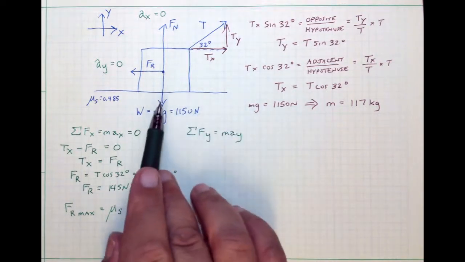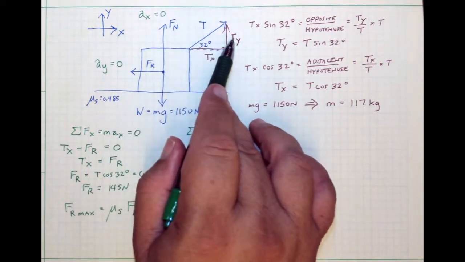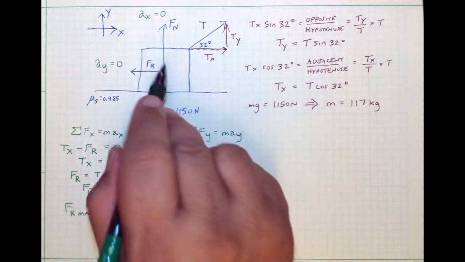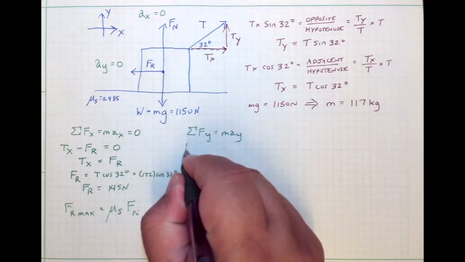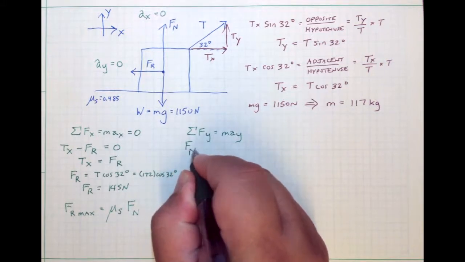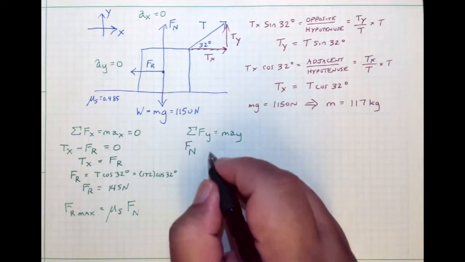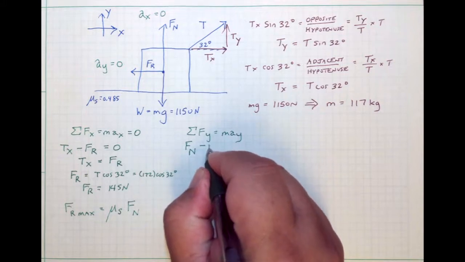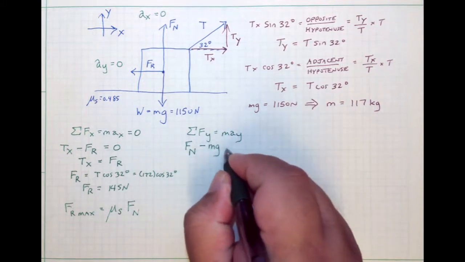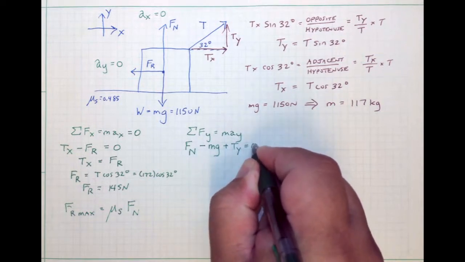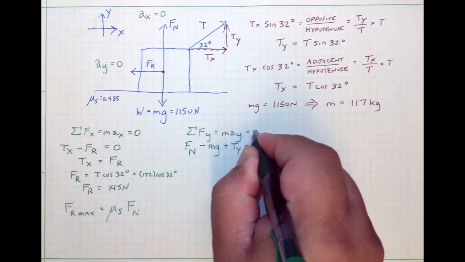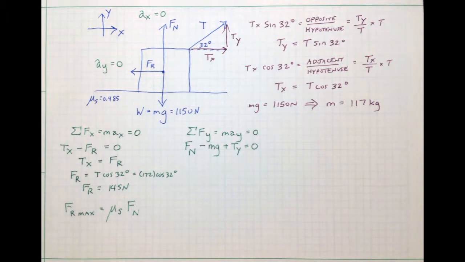As in the previous example, we have 1, 2, 3 forces in the y direction, 2 up and 1 down. The upward forces get positive signs. Normal force up, positive. The downward forces get negative signs. mg, down, negative, and Ty, up, positive. And these all have to add up to 0 to keep the y forces in equilibrium.